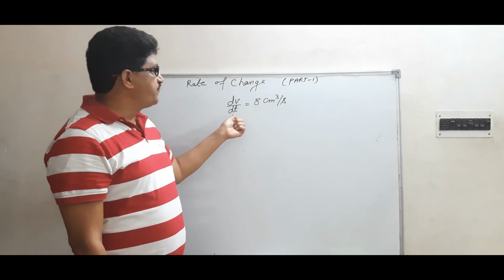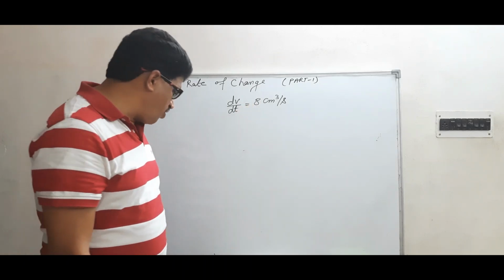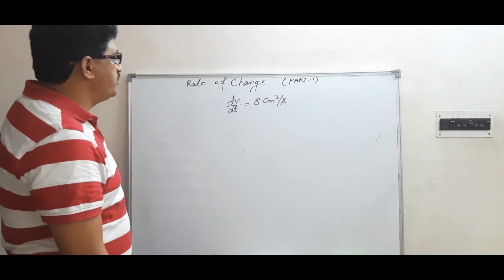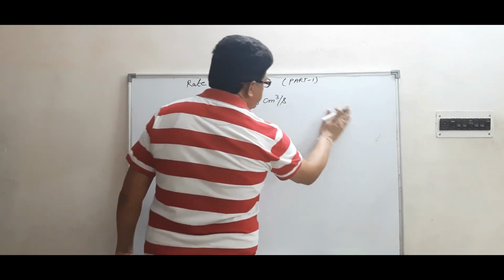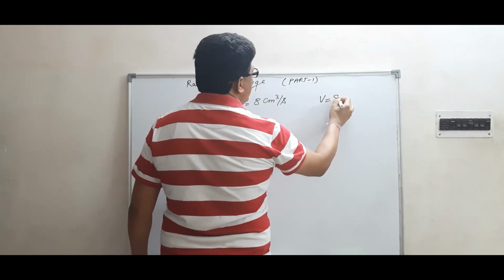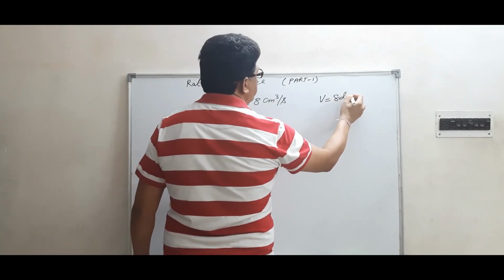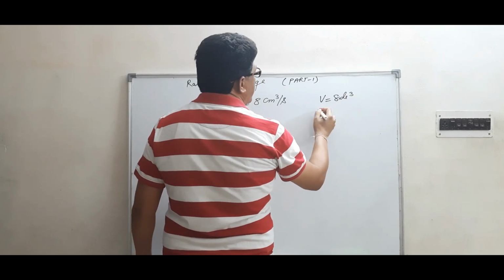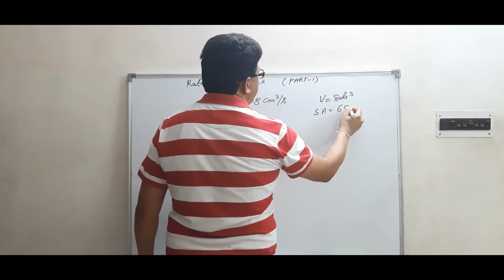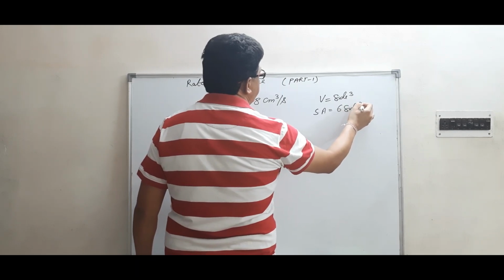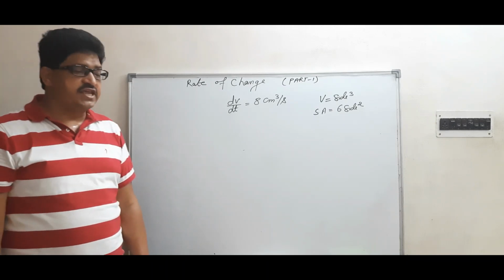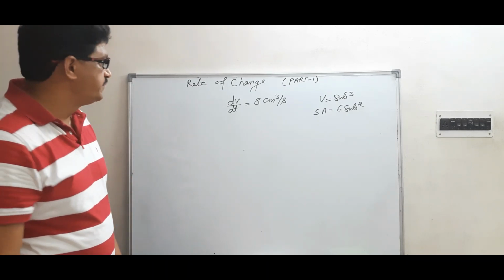So to get surface area, what is the formula for surface area of cube? We know that volume of cube is side cube and surface area is 6 side square. Volume is side cube, surface area is 6 side square.